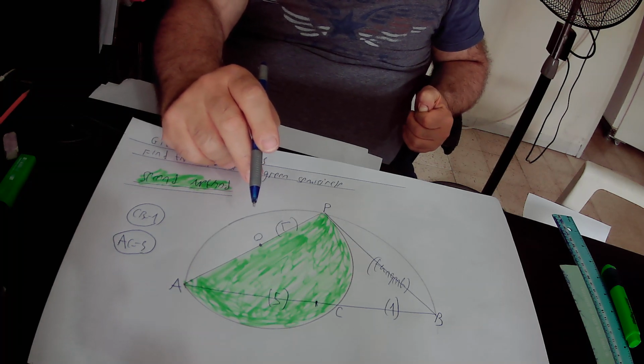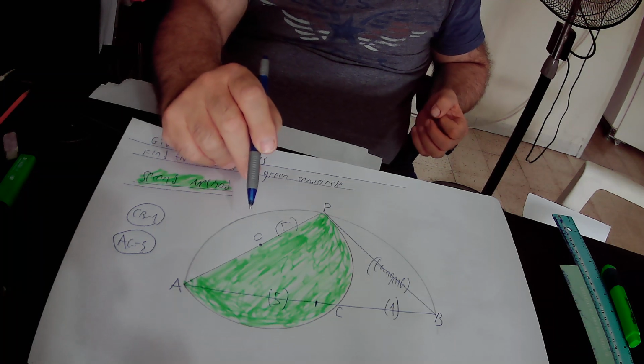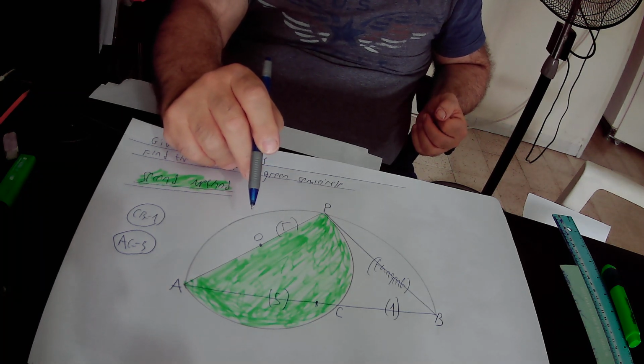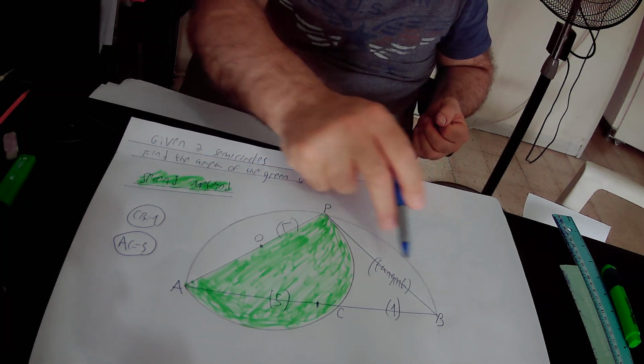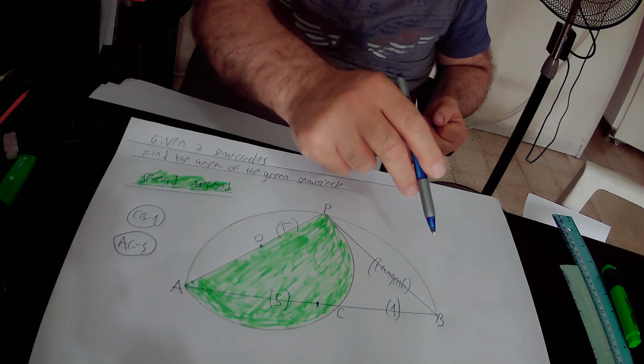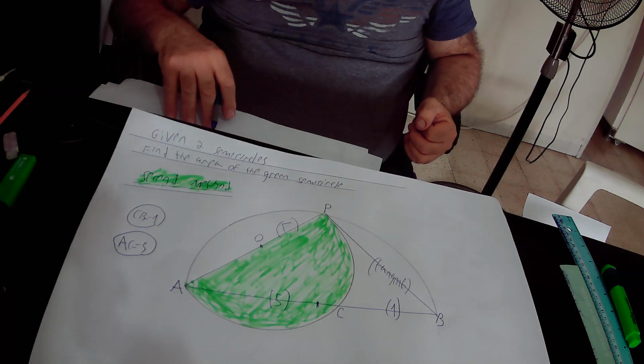Therefore, all the requirements of rule 10 are satisfied. According to rule 10, BP squared equals BC times BA.